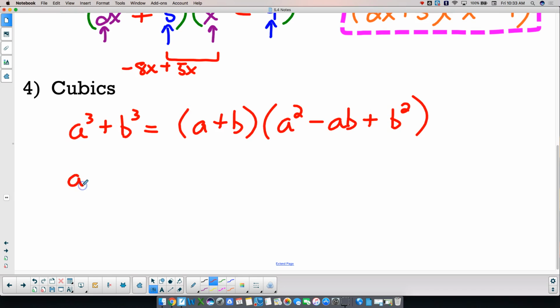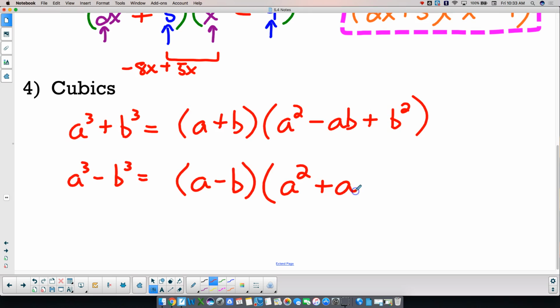A cubed minus b cubed then is going to be a minus b, a squared plus ab plus b squared.